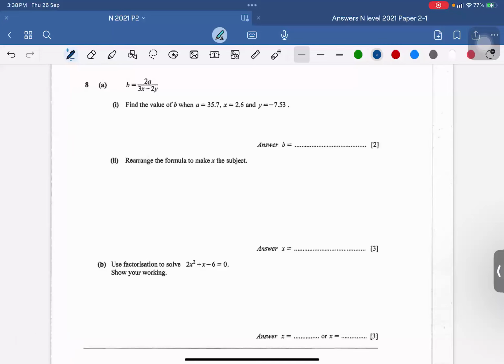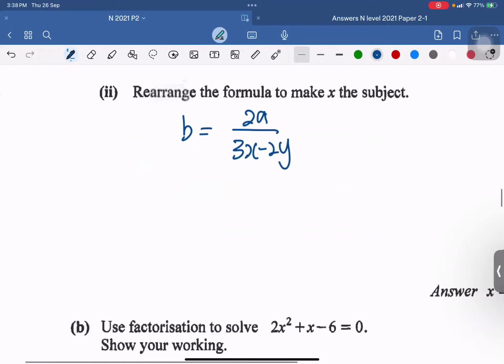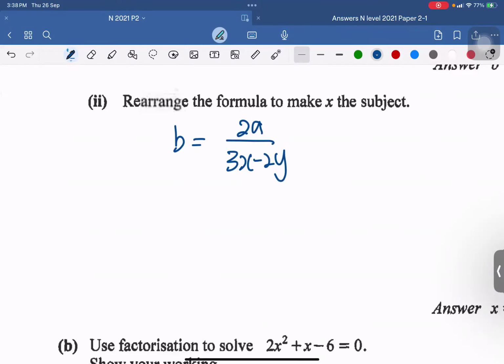Madam Ng, can you go through the rearranging formula? Because I always mess up somewhere. Okay, can I go through this part only? Then b equals 2a over 3x minus 2y. First step, what do we usually need to do?